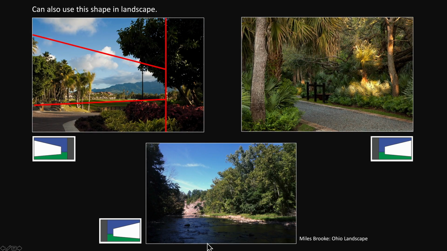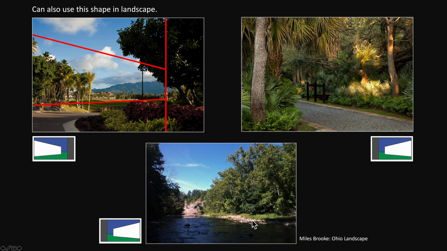Now, you can also use this streetscape in landscape, and it's basically the same shape. You have what would be your 1 facade this way, and here's your big vertical. Easier to see maybe here. Here's your streetscape with a big vertical.